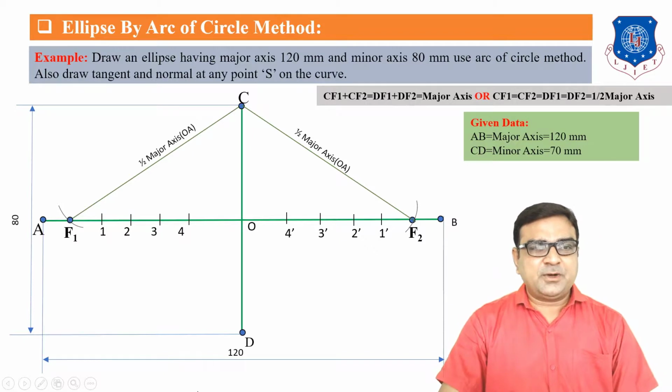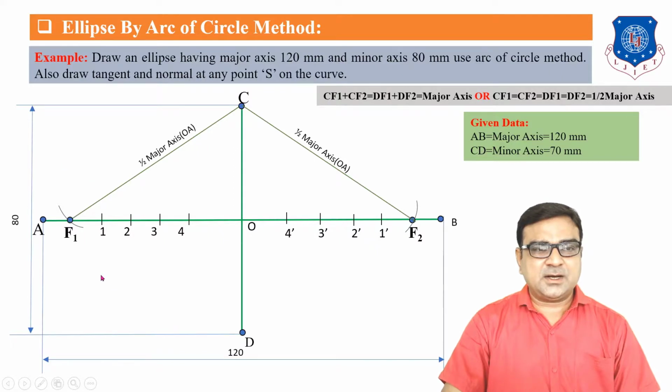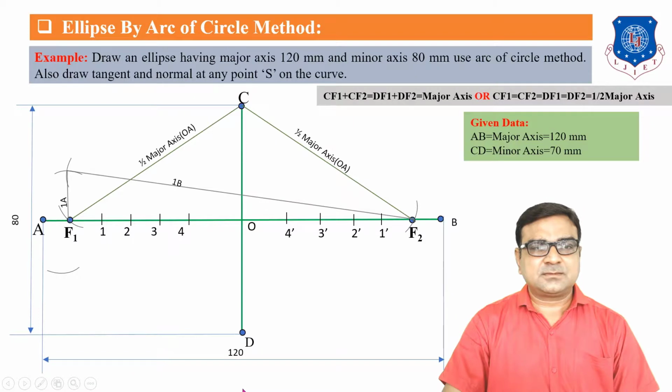Now to obtain the points of the ellipse, we take A1 as radius and F1 as center, and draw arcs on the upper and lower side, and intersect those arcs by taking radius 1B and center F2, on the upper and lower side. So these intersecting points are points of the ellipse.